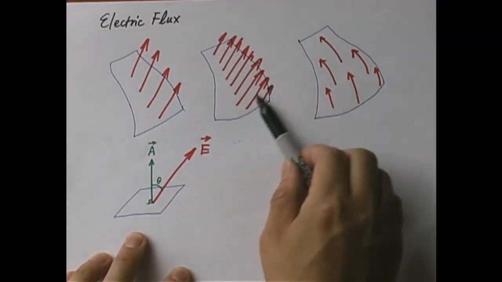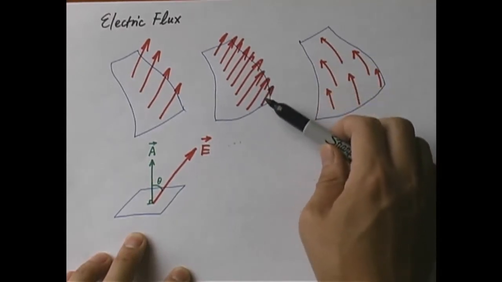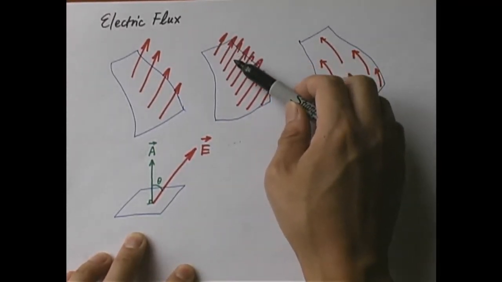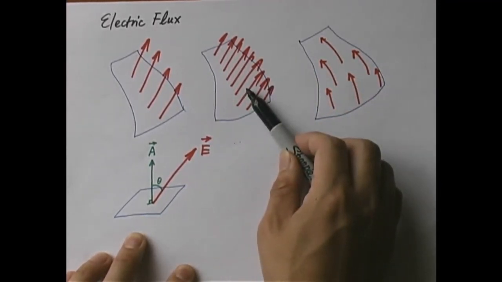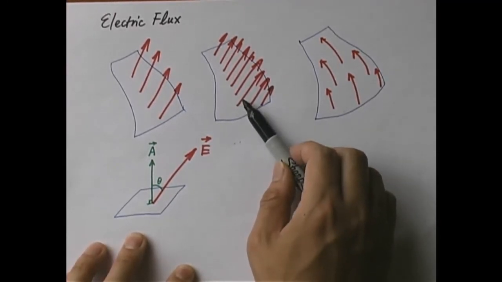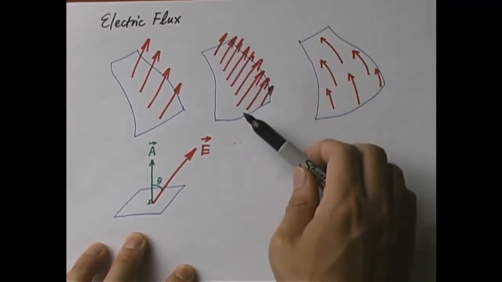Pretty much have the same surface, but here we have a stronger electric field distribution, so figuratively we say we got more field lines, we got denser distribution of field lines. So if you compare these two cases and you ask yourself, in which case is there a greater electric flux? Of course, that will be the second case. Okay, so the electric flux certainly depends on the strength of the electric field. The stronger the electric field, the greater the number of field lines will penetrate through this region.